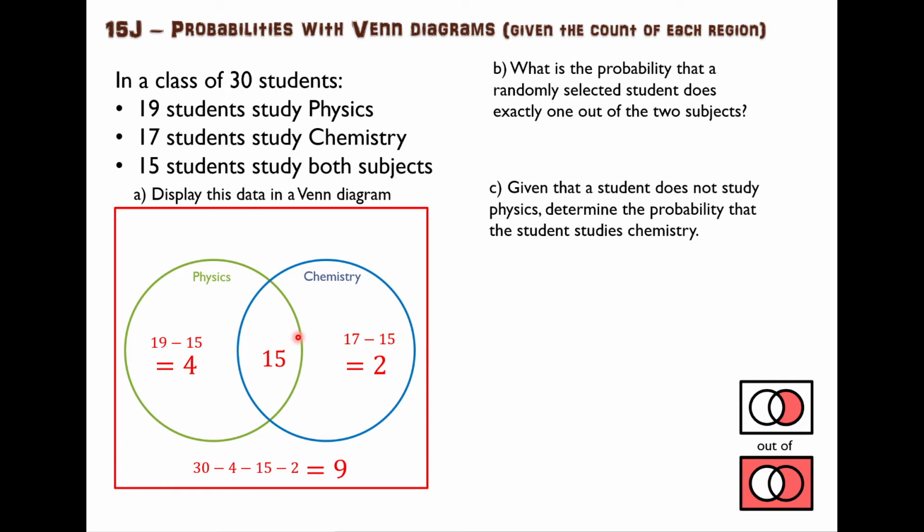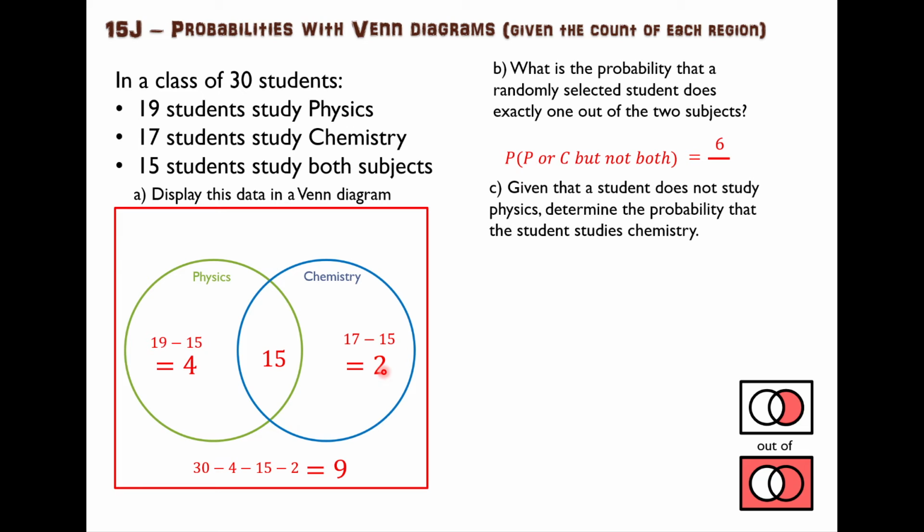Now we can look at probabilities. For example, what is the probability that a randomly selected student does exactly one out of the 2 subjects? So the probability of physics or chemistry, but not both, will be these 4 students that only study physics, plus these 2 students that only study chemistry.